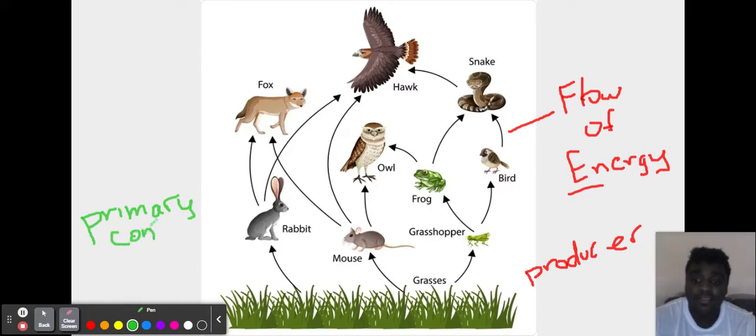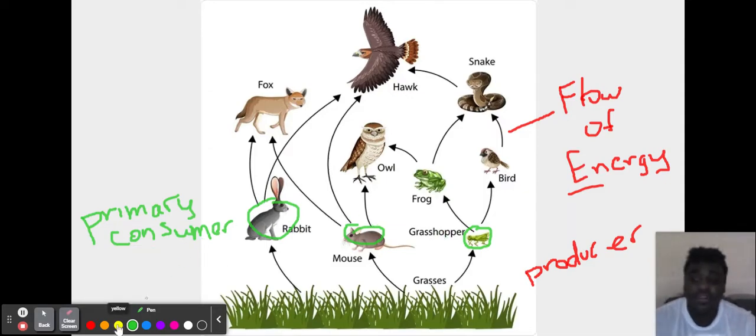Anything that eats the producer is known as a primary consumer. So these three organisms. And you see, it's not just one chain now. We have three different organisms that are all relying on the grass as a food source. And so this is the difference between a chain and food web: we have many interactions within the ecosystem.